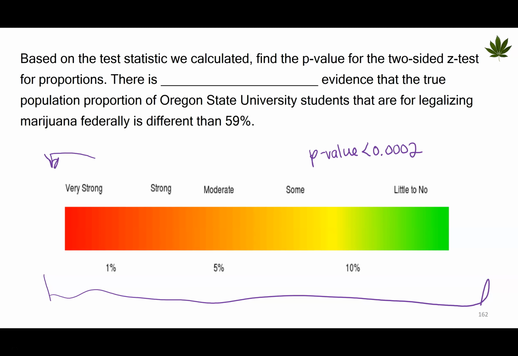So I would argue we have very strong, convincing evidence that the true population proportion of Oregon State University students that approve legalizing marijuana federally is different than 59%, which isn't really super surprising when we observed in our sample 79%. That definitely seems different to me personally than 59%, especially when we have a sample of over 200 people.